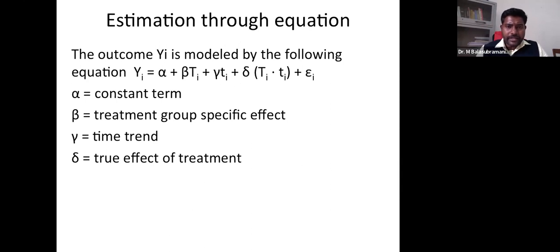See here, the capital Yi is nothing but the outcome of the sample, whatever it is.